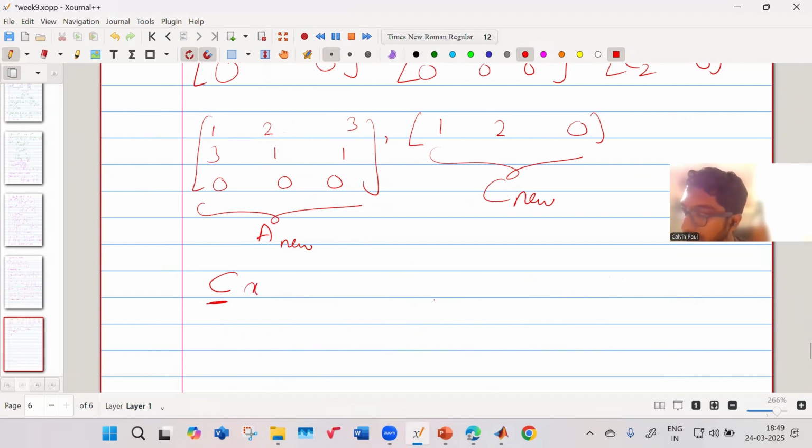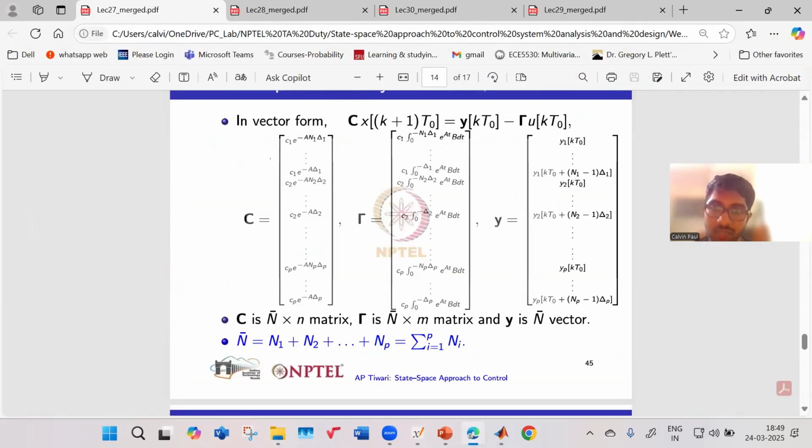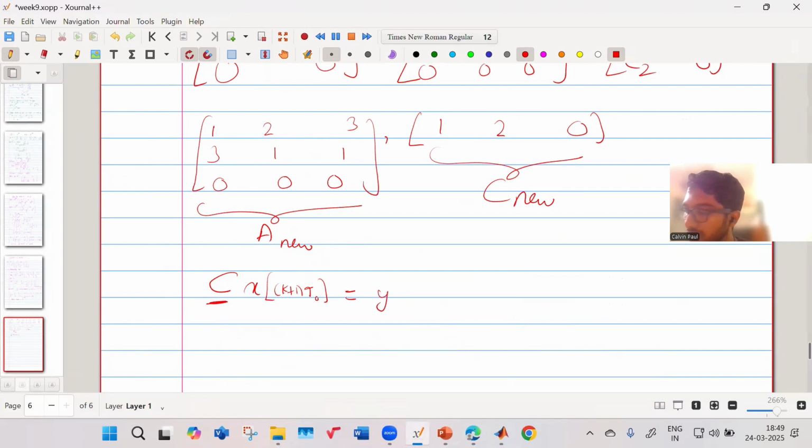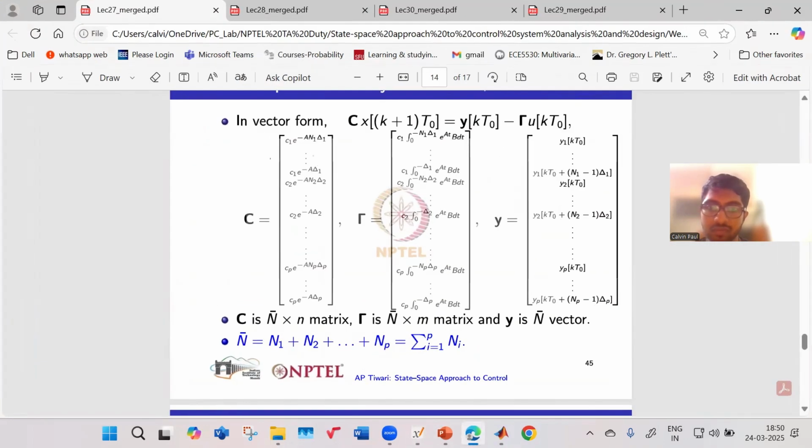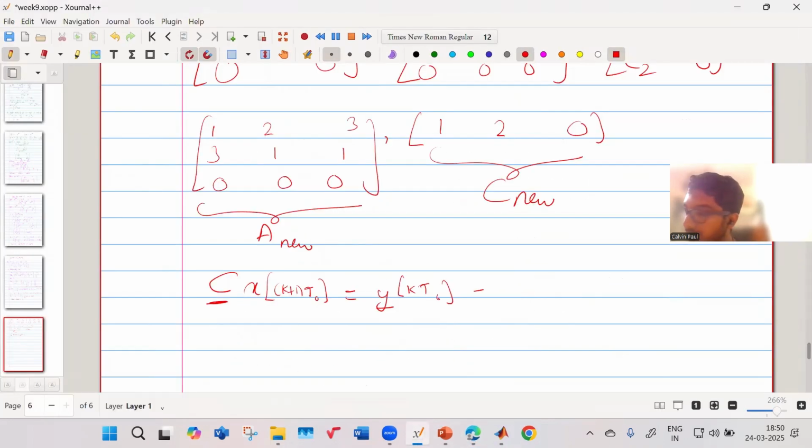So C bar of x k plus 1 t0. This t0 is the sampling period for the input. C bar of x k t0 is equal to gamma y of k t0, this y vector of k t0, minus gamma of u k t0.